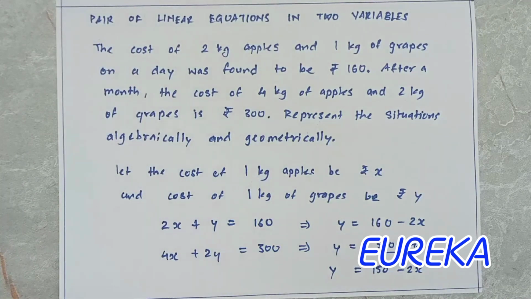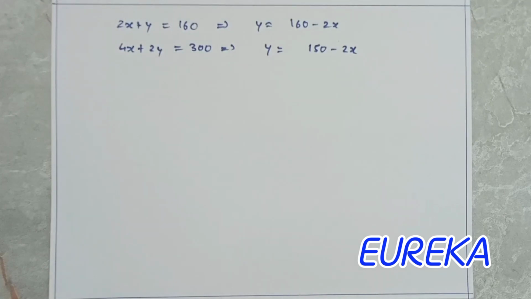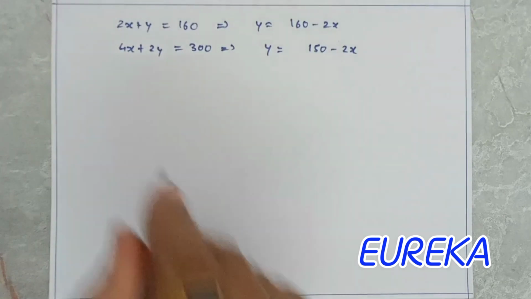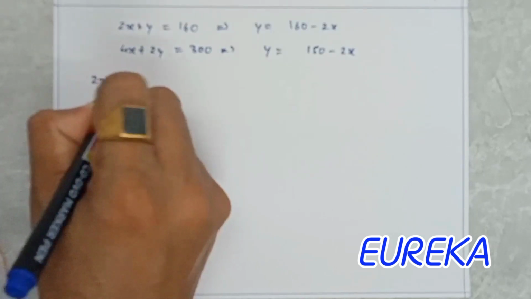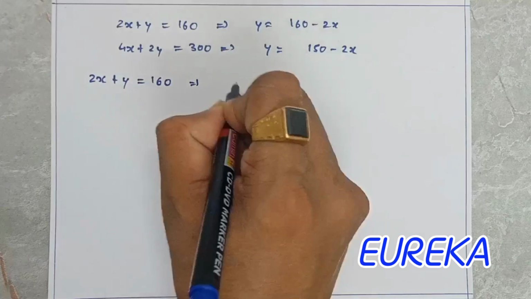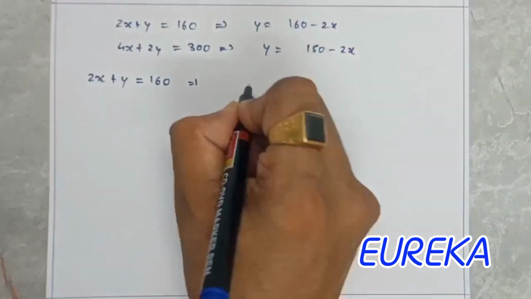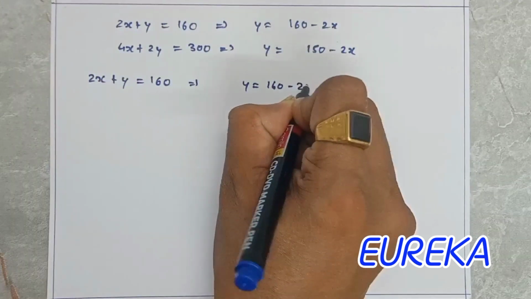That is geometrically. To plot the equations graphically, we must know the solutions, that is the coordinate points. Let's take the first equation: 2x plus y equals 160, so y equals 160 minus 2x.